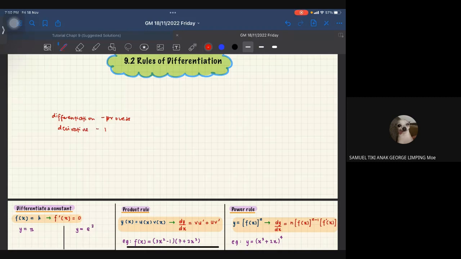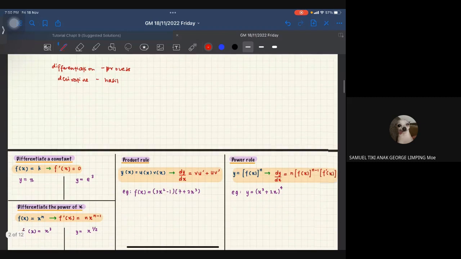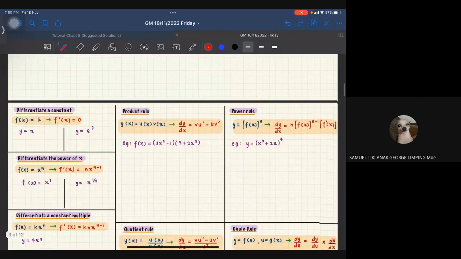Derivative ni hasil dia lah. Okay, so tapi dua-dua ni membawa maksud yang sama lah. Differentiation is just the process, derivative is just the product of the differentiation process. Okay, so dia akan membawa maksud yang sama je. So don't be confused with these two words yang digunakan. Akan banyak digunakan nanti masa awak dalam chapter ni lah. Okay, and then kita sambung balik dekat sini.